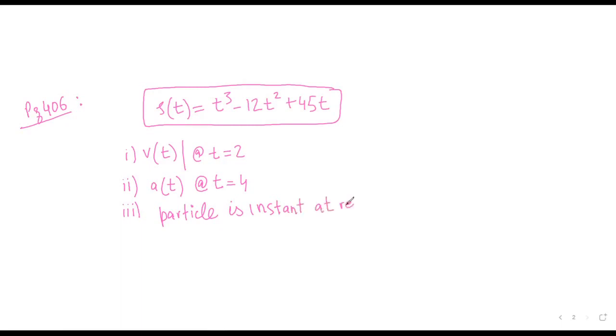Now, with the background that we have, we understand that the particle would be instantaneously at rest where the velocity function would be 0. So what we need to do is find the velocity function.